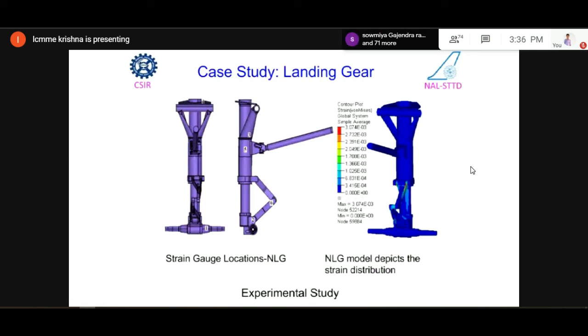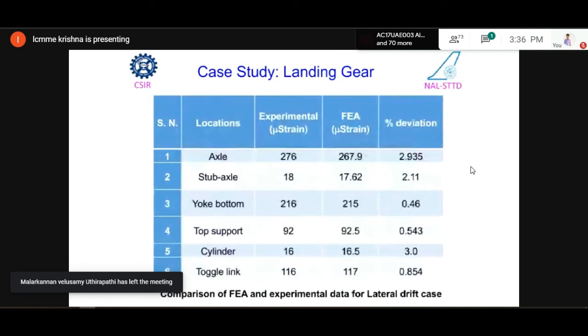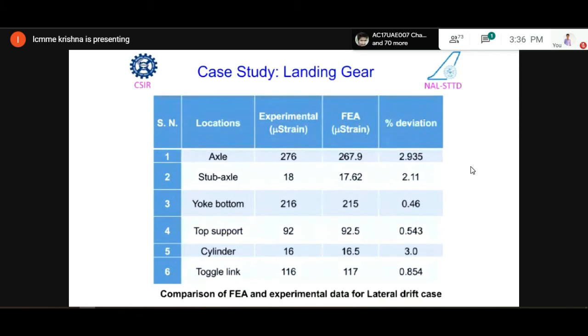This is how we have put the 6 strain gauge locations: 1 on the axle, 2 on the stub, 3 on the top, fifth on the cylinder, sixth on the toggle link. With locations 1 to 6, you can see the stub axle, the yoke bottom, top support, cylinder and toggle link. These are the 6 locations where we capture the strain.